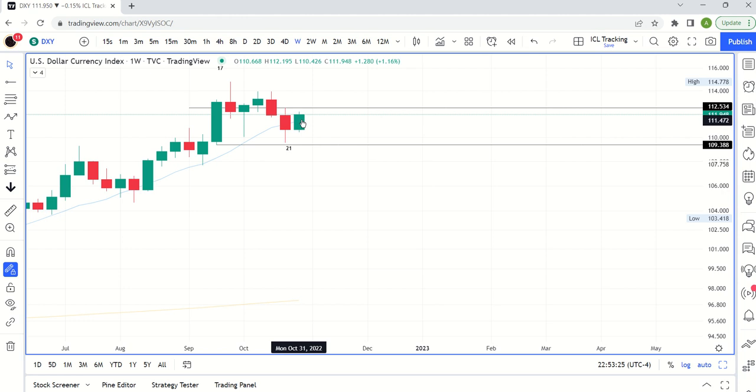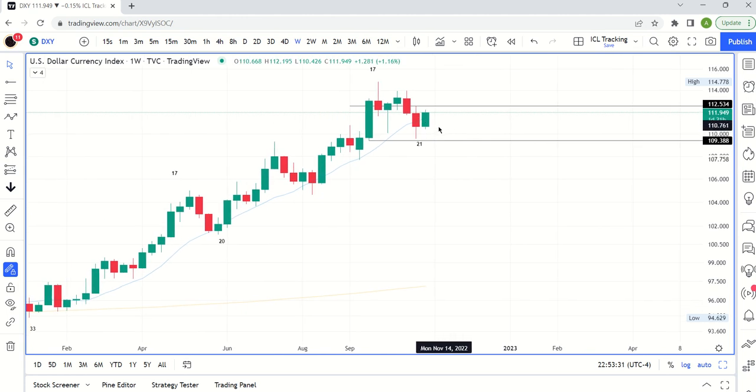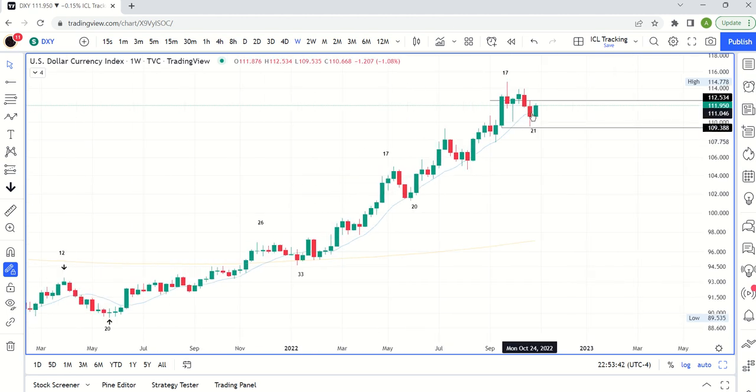And we know we have the non-farm payroll, the jobs report, on Friday morning at 8:30. But that's the critical thing. If we can close this week above that 112.534 level, that makes week 21 a swing low and a potential ICL, right? We closed below the 10-week moving average. It kind of fulfills all the parameters.